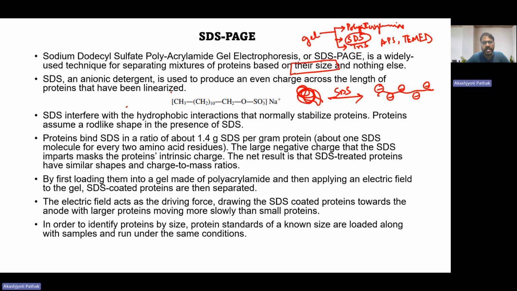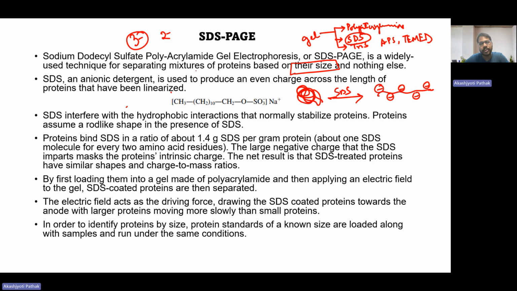If we want to measure the size of the protein and simply do an electrophoresis, we will never be able to estimate the size, because the band that you observe will also depend on the charge of the protein. For example, if it carries a high negative charge, then even if it has a very large size, it will migrate much faster compared to one which has the same size but a much lower negative charge.